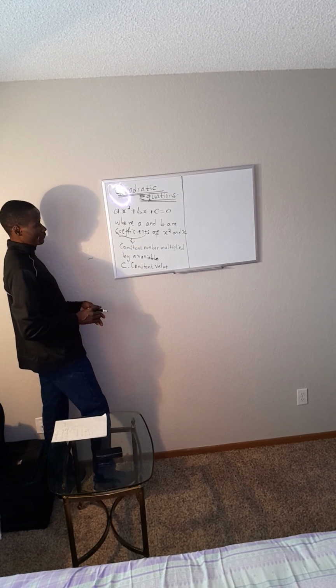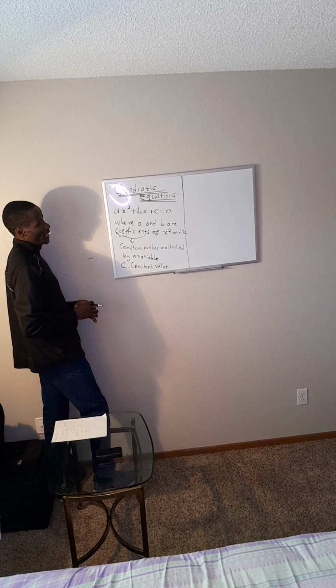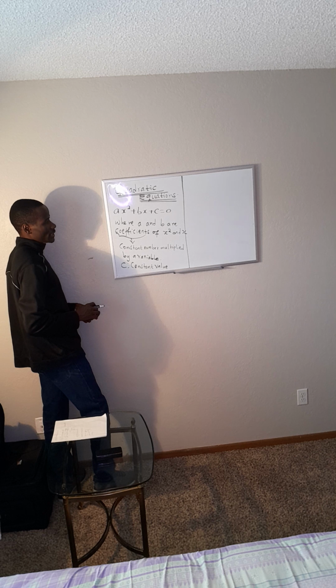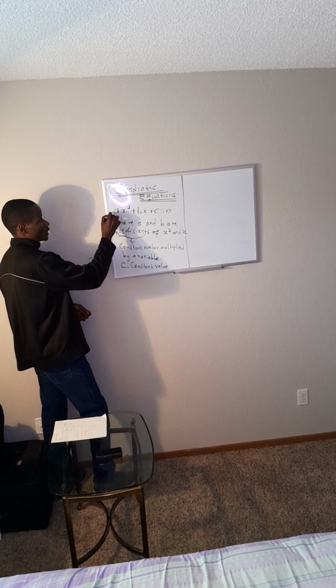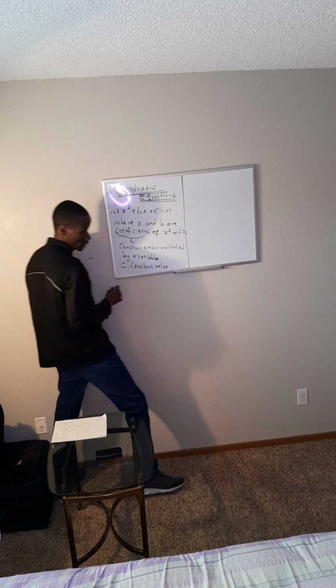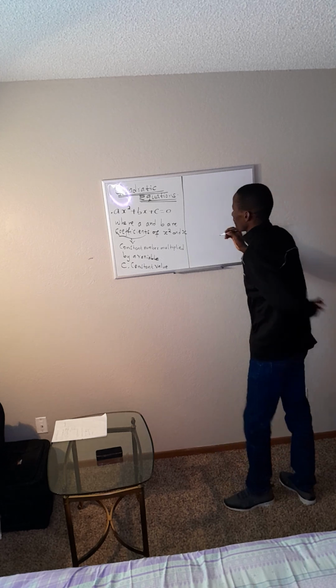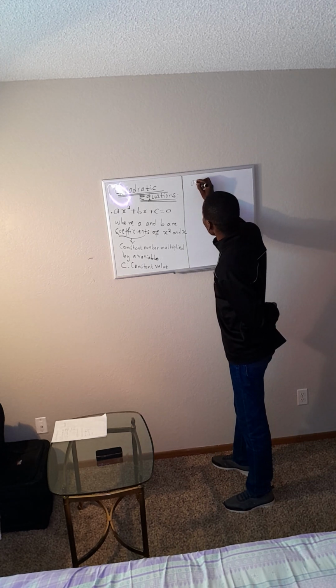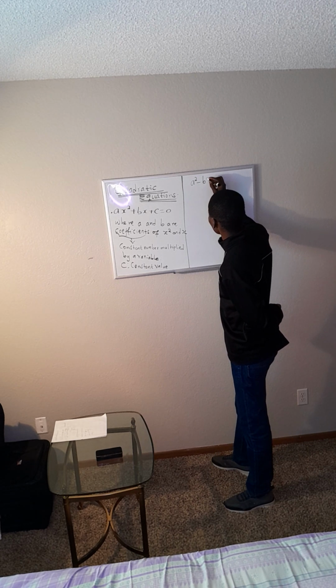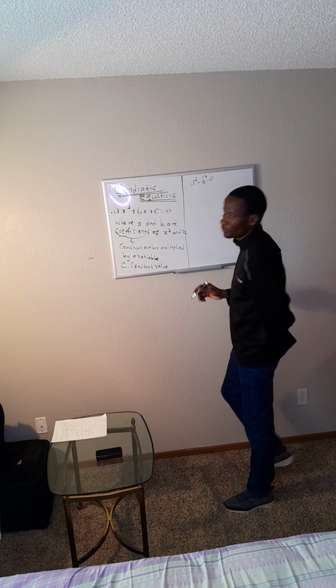So any equation written in the form ax squared plus bx plus c is equal to 0 is called a quadratic equation. It can also be written in this particular form, a squared minus b squared is equal to 0.